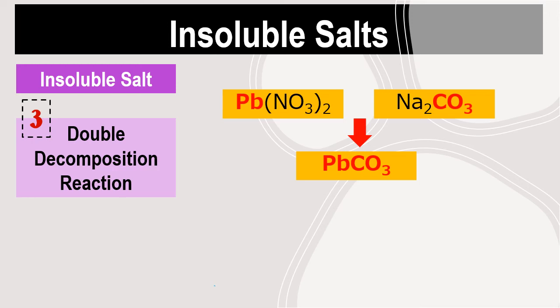So lead carbonate adalah insoluble salt yang kita nak prepare, because kita yang akan pilih what are the reactant that we want to use to prepare lead carbonate. So lead carbonate, sebagaimana cikgu cakap tadi, adalah insoluble salt, and another product of the reactions is sodium nitrate.